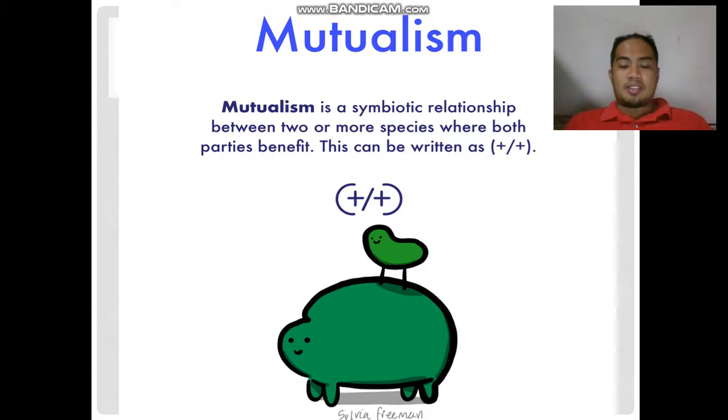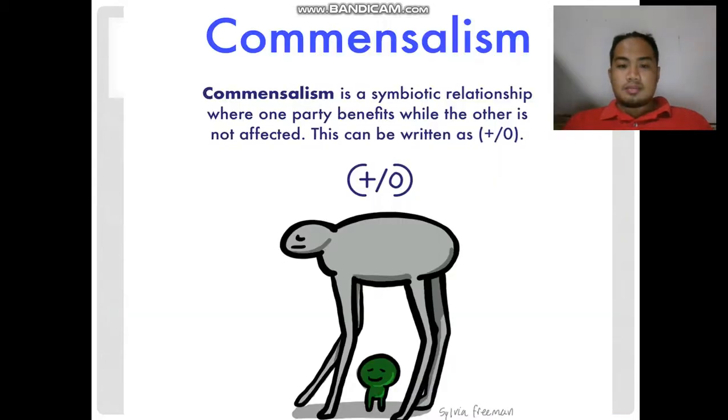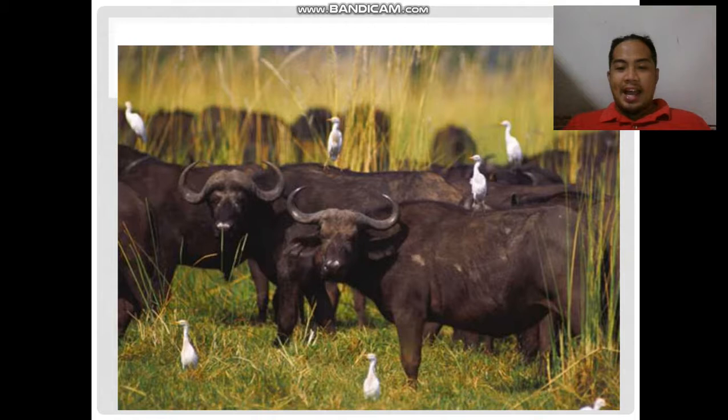Mutualism is a symbiotic relationship between two or more species where both parties benefit. Both really benefit. For example, the tulabong and the carabao.